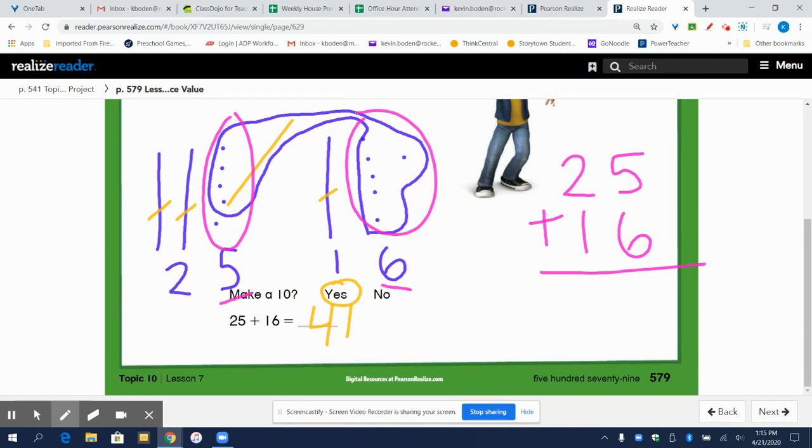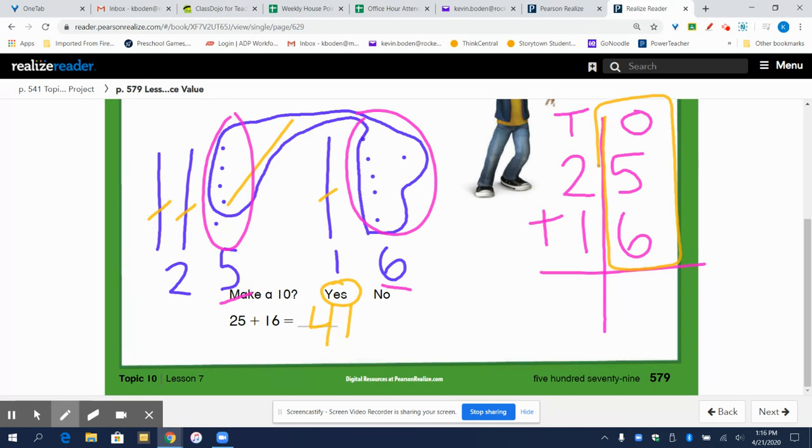So that's the same thing we're going to do over here. We have 2 10s and 5 1s over there. And down below, we have 1 10 and 6 1s. And if we look just at the ones place here, can we make another 10? We already said yes, and we learned over here that 6 plus 4 more equals a 10.